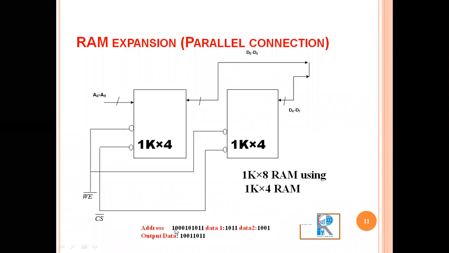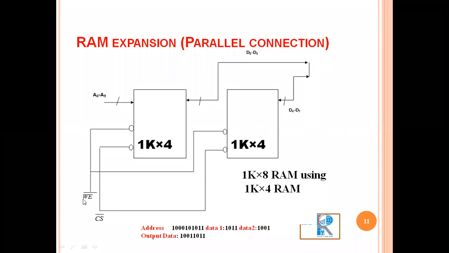If I give this address and activate the chip, which data can be accessed? The data can be accessed from both RAMs.